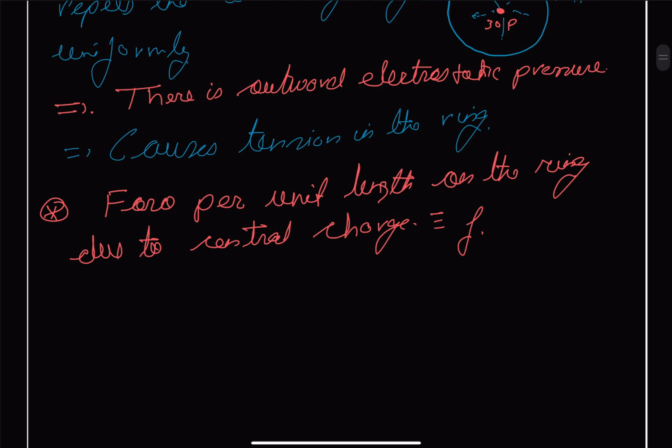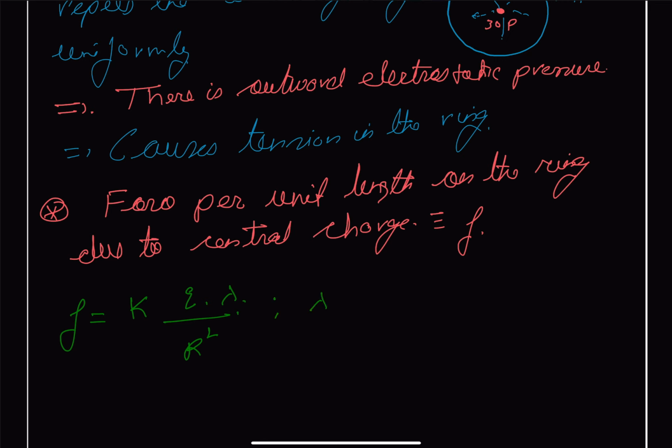So we can say this value of small f will be equal to k, suppose central charge is given as q, upon r square, multiplied by q lambda. Okay, because lambda is the charge intensity of the ring.